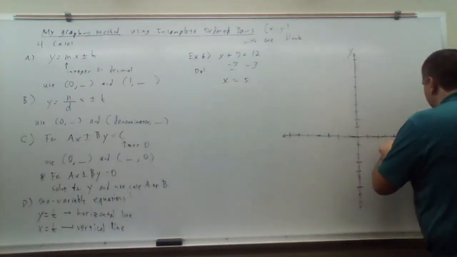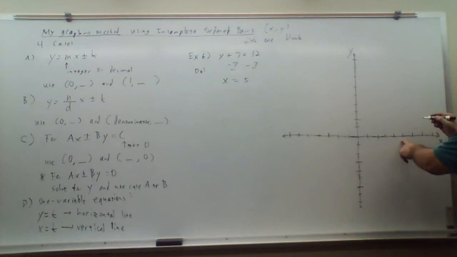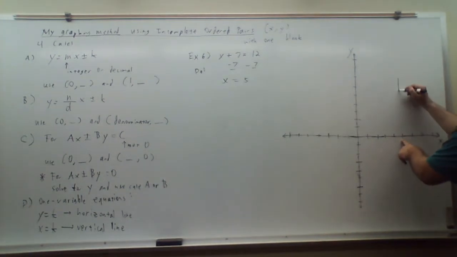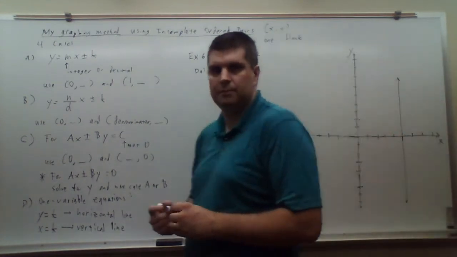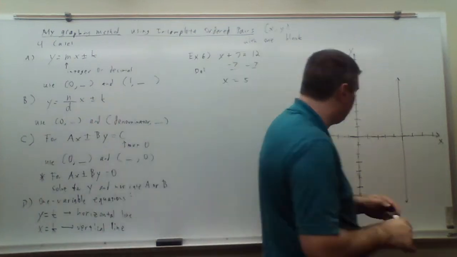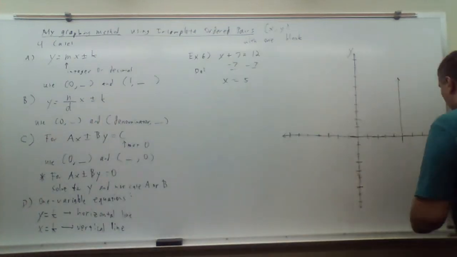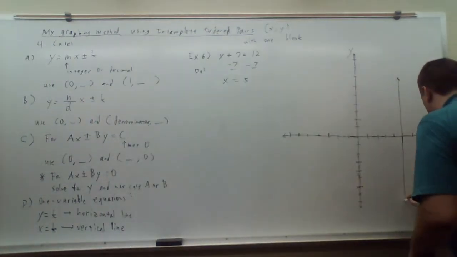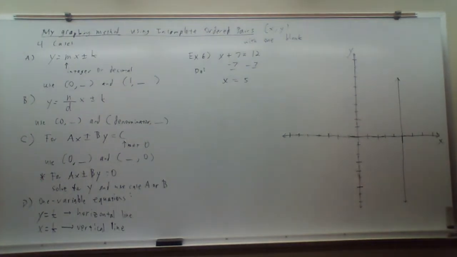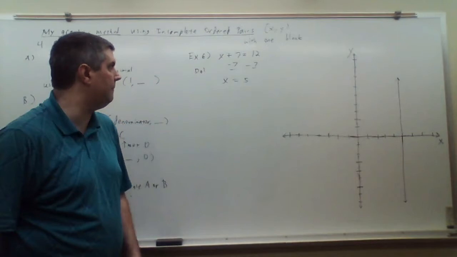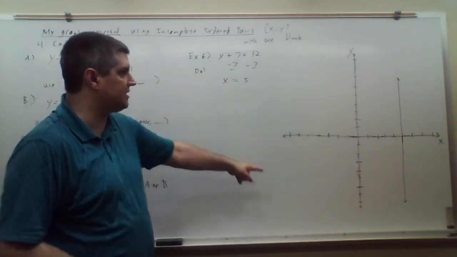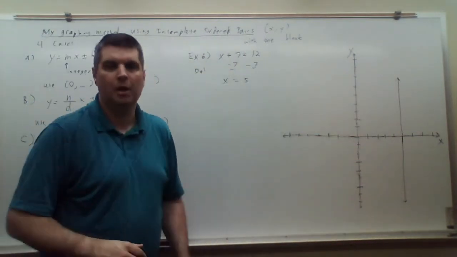So 1, 2, 3, 4, 5. It's going to be a vertical line through x equals 5. Let me try to make it look more vertical. What I saw on the computer screen was not vertical. Obviously, if it would start out like that, that's where you would go.